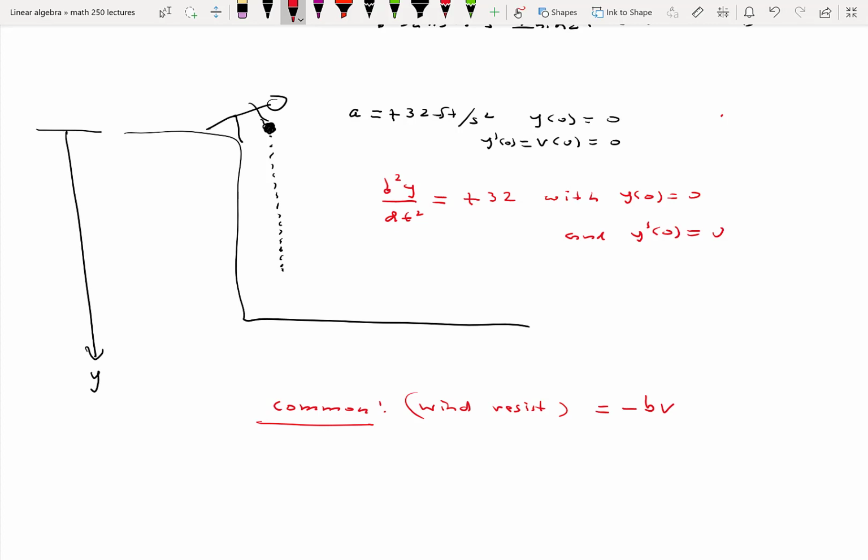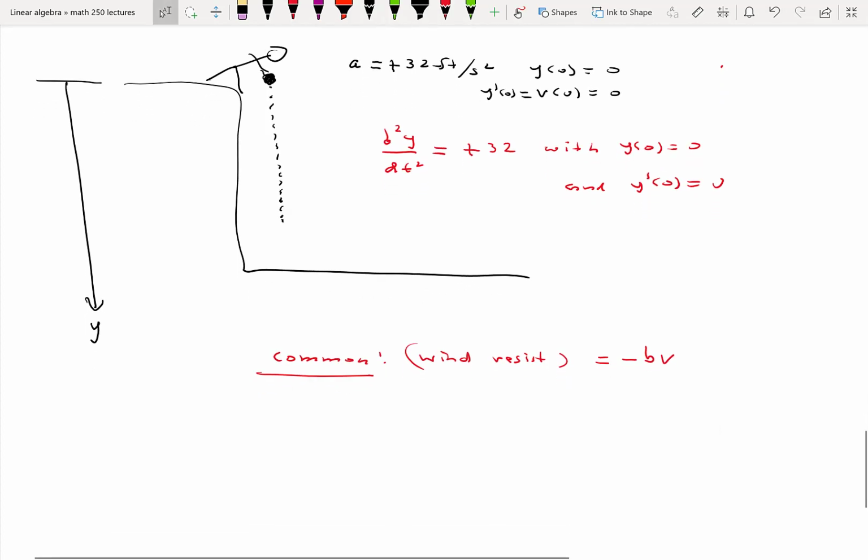Okay. So if we were to adjust this differential equation, it would also contain the wind resistive factor or term. And again, velocity is dy/dt, so the differential equation would also contain dy/dt in it. I'm not going to set up that differential equation. I think we're going to look at it in 3.9 or something like that in a later section.